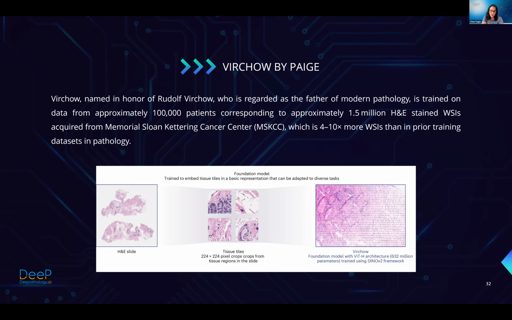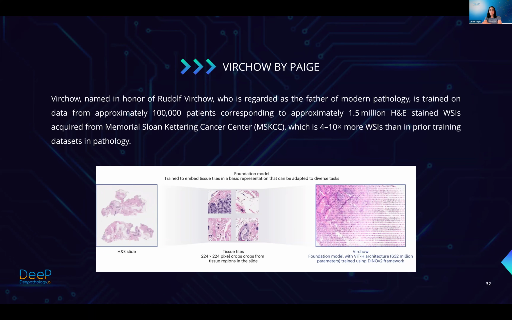This was to honor Rudolf Virchow, who is considered to be the father of modern pathology. Again, what they did was to train on data from 100,000 patients, obtaining more than 1.5 million slides.